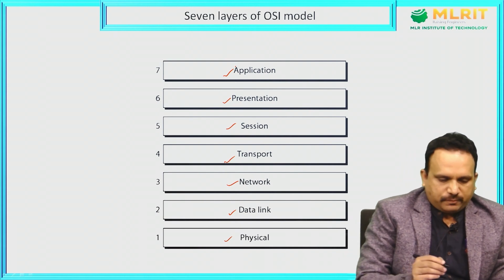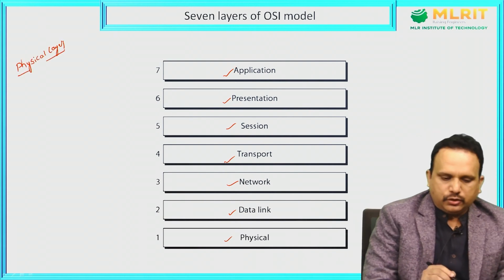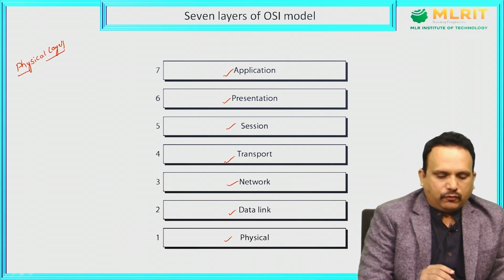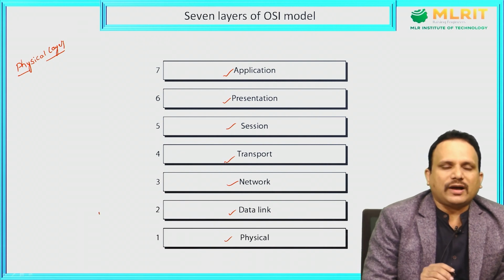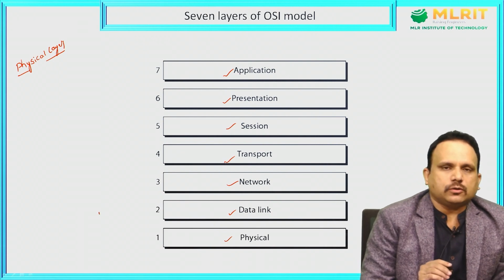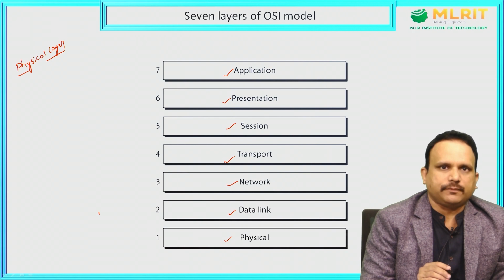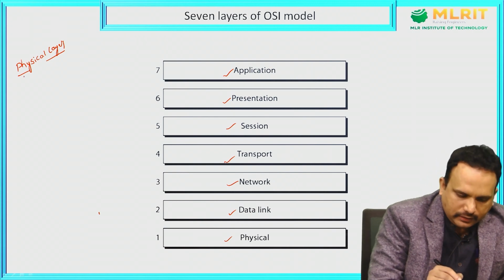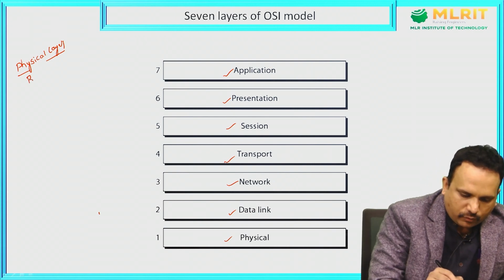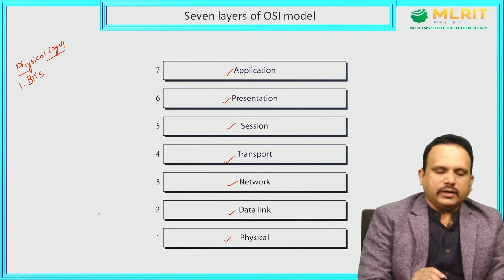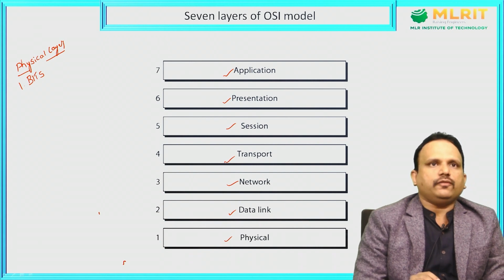Coming to the overview of every layer, first the physical layer. Usually in any layer, you have some data transmission. How is this data transmitted? In the physical layer, the data is transmitted in the form of bits. The first point you are supposed to remember is that data transmission is done in the form of bits.